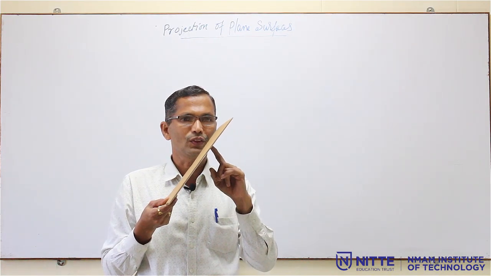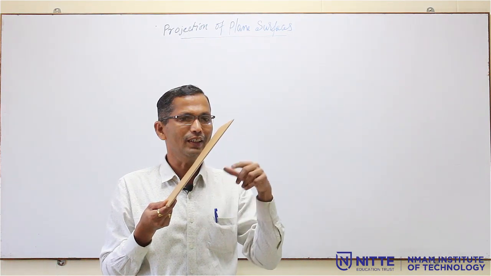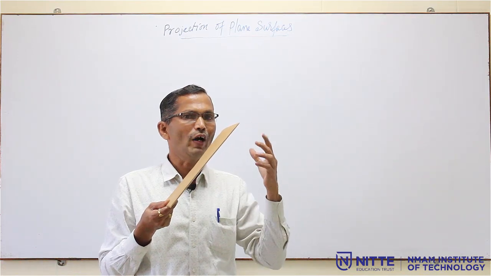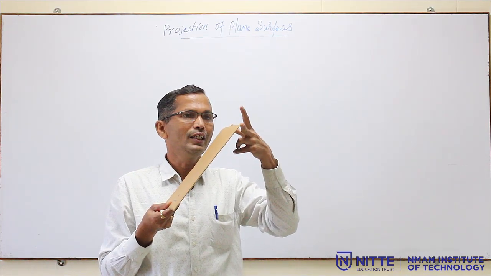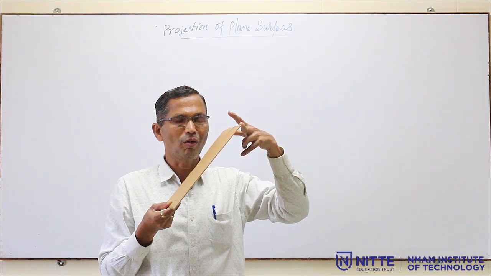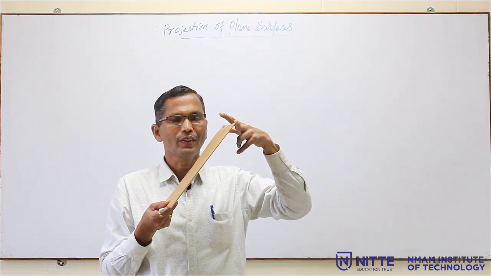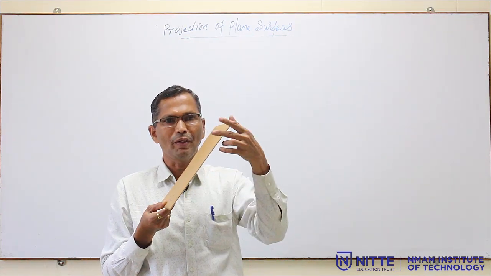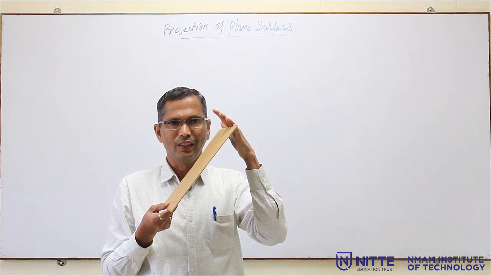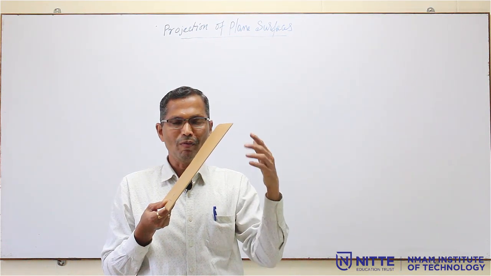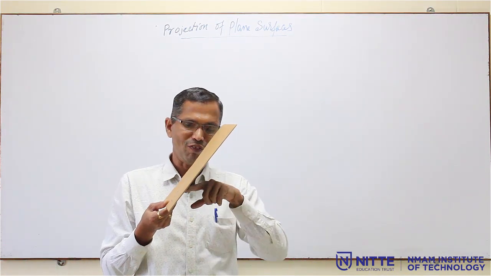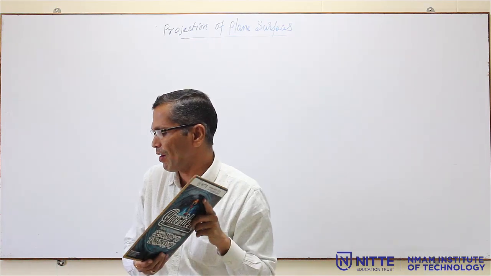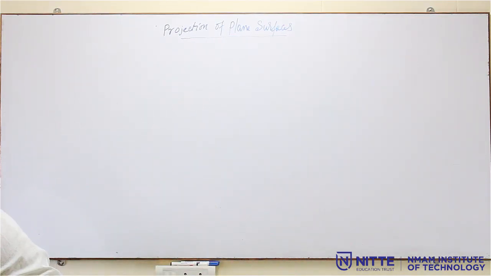Further I will increase. So, in this particular position the top view will be a square. What is the size of the square? It will be the smaller edge, that is 50 mm, and the longer edge also will become equal to the smaller edge. That means the top view becomes 50 into 50. So, you have to find this position. That type of problem we are going to solve now.